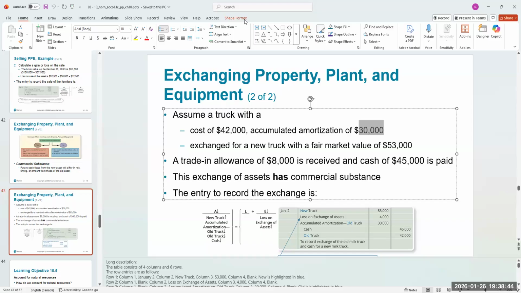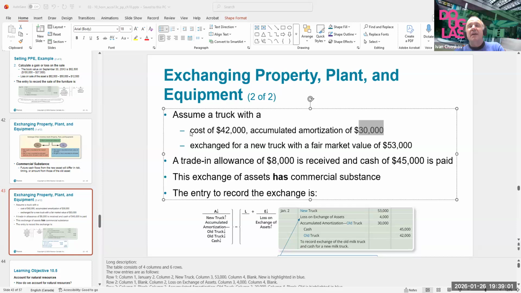Sorry, I'm a bit lost. I understand the loss of 4,000 is from the 12,000, but that part is a bit foggy. Okay, let's go with the first entry. Cost of $42,000, accumulated amortization 30,000.